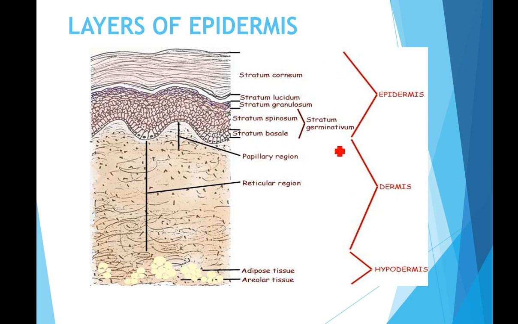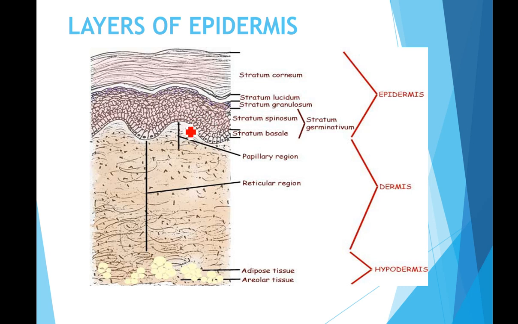Now after that we have the dermis, and the dermis again consists of 2 layers, the papillary region and the reticular region. The papillary region is where we have the dermal papillae that interlock or interdigitate with the upper epidermis, right?